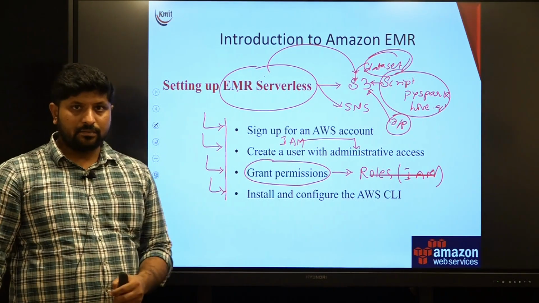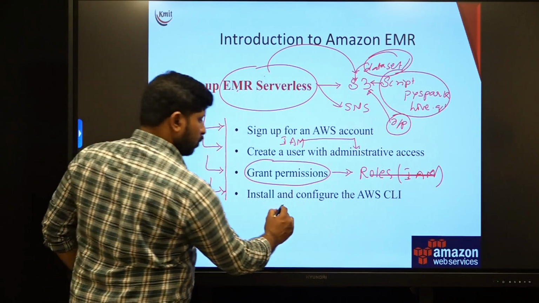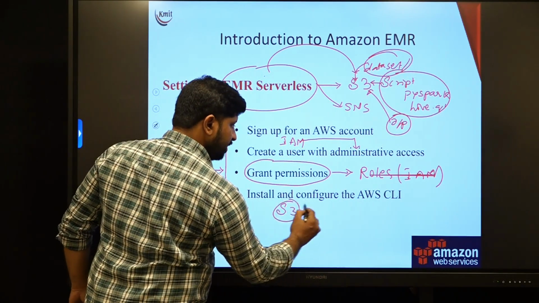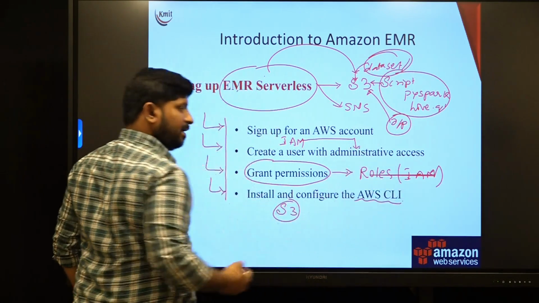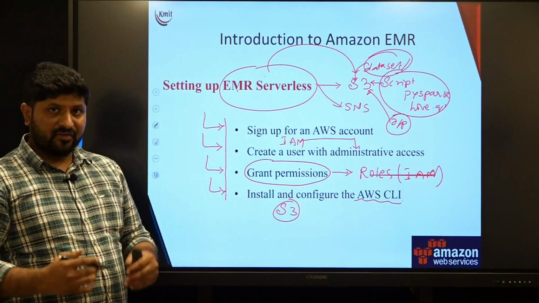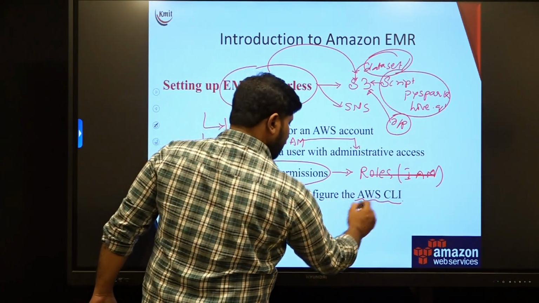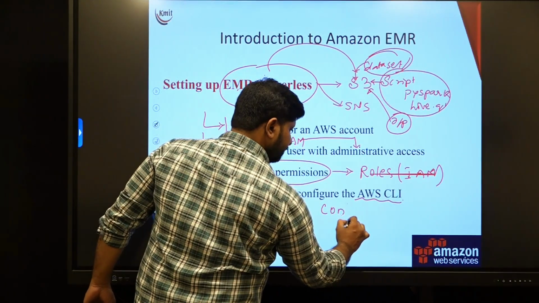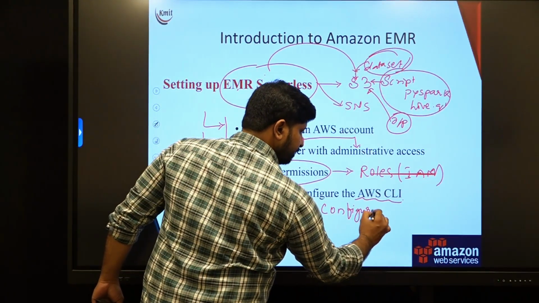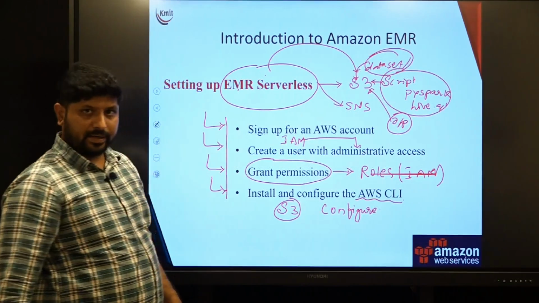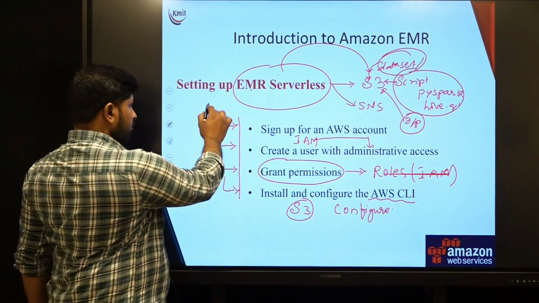That also we have done when we discussed our storage, S3. We had installed Amazon AWS CLI and we had configured it. After installing AWS CLI, we need to configure the settings, that is, security credentials. So that is it from this particular topic.